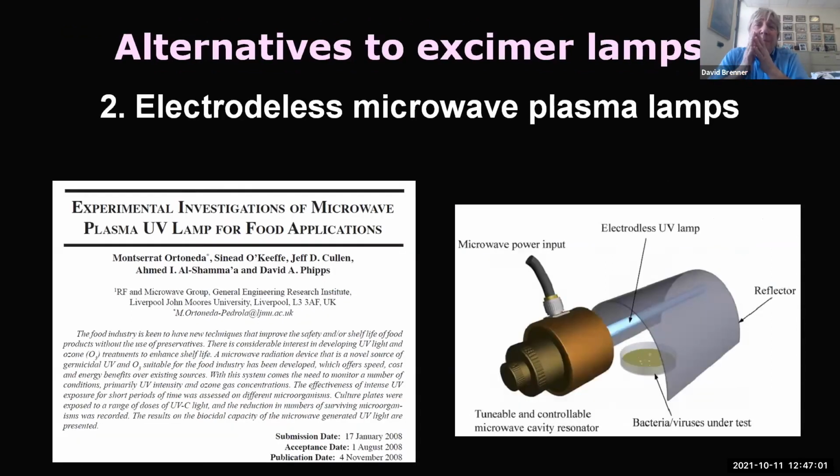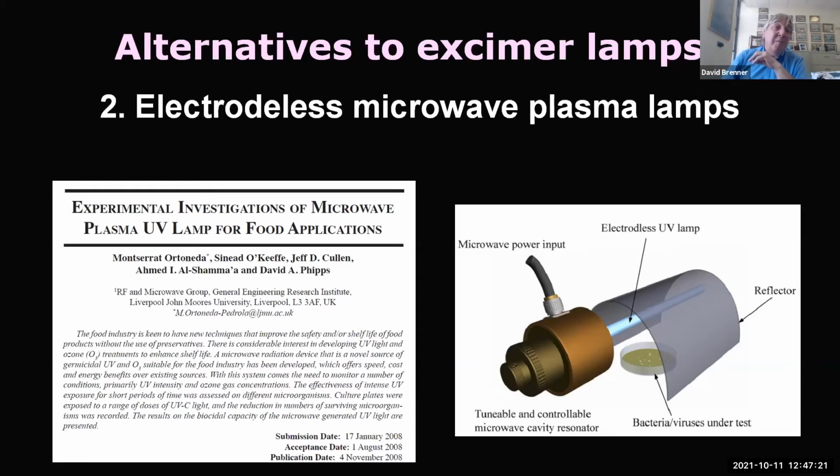There are other gas phase lamps which are possibilities. The electrodeless microwave plasma lamp is one possibility, and there's a nice paper published from the University of Liverpool. Liverpool is actually my home, so it caught my attention.